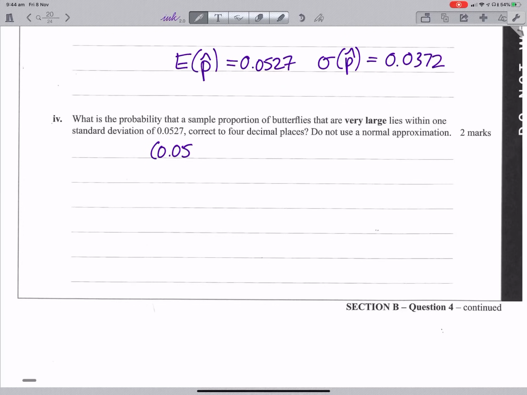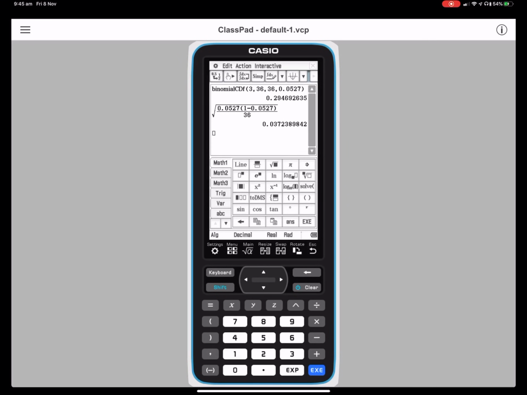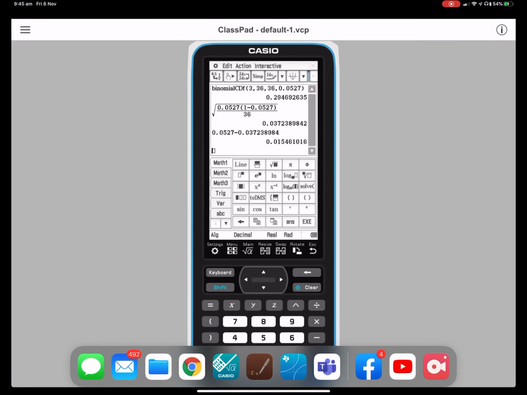So 0.0527 minus 0.0372 is less than p hat, which is less than 0.0527 plus 0.0372, which is, so that minus that, 0.01546.